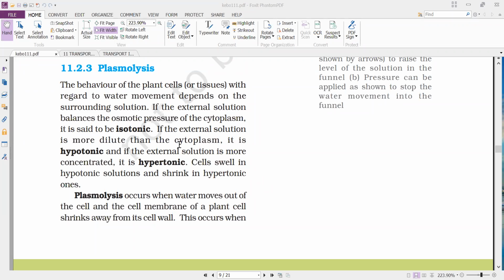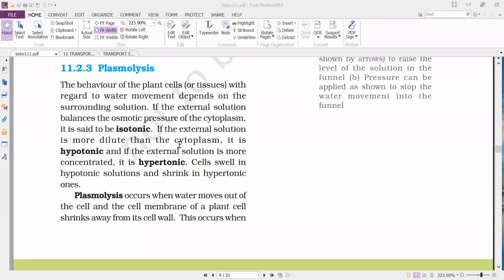At the same time, when you place the cell in a hypertonic solution, because of the difference in water potential, the water comes out of the cell and enters into the external environment or external solution. As a result, the cell will shrink.